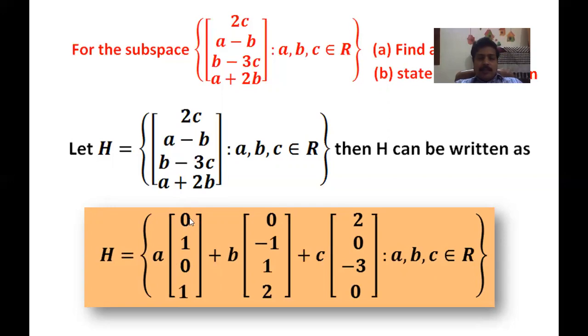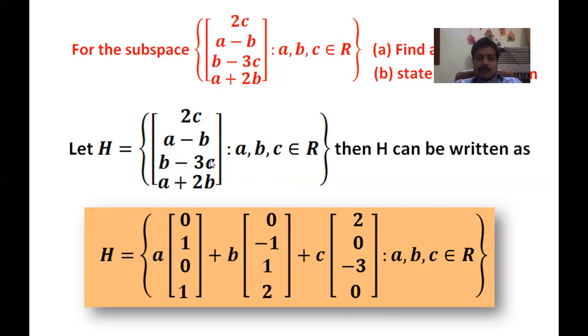A times [0, 1, 0, 1] plus B times, and here also B is absent, so 0, then minus B, so the coefficient of B is minus 1 here, and in the third row it is 1, and in the fourth row it is 2. So [0, minus 1, 1, 2] plus C times, here it is 2, absent in the second row, so 0, minus 3C is here, that's why the coefficient of C is minus 3, and in the fourth row C is absent, so it is 0.